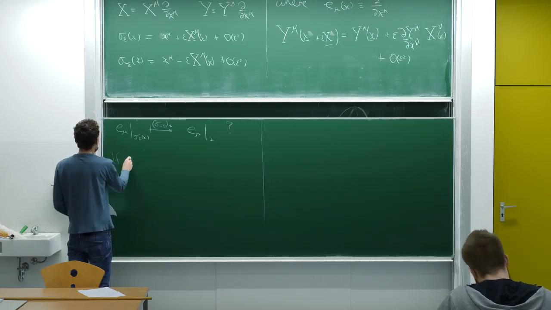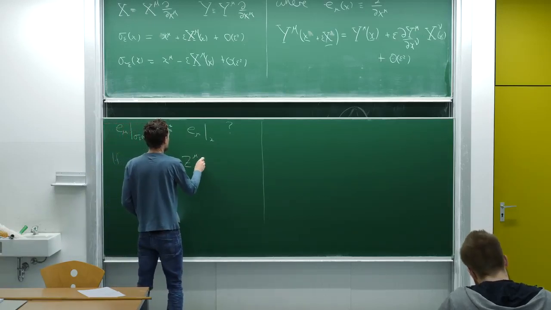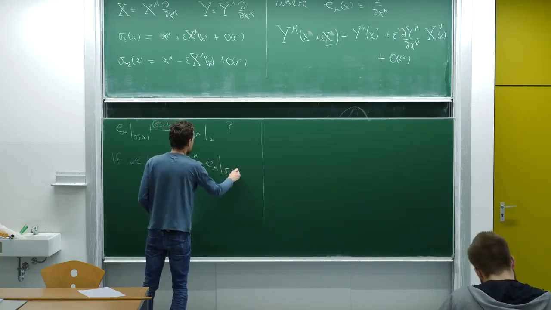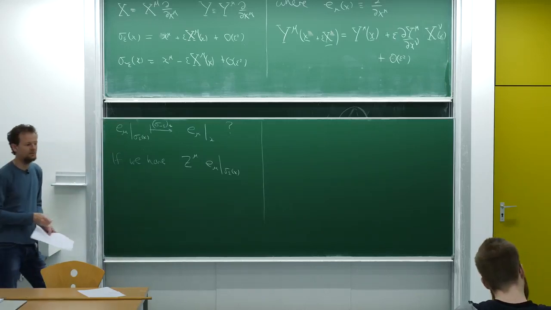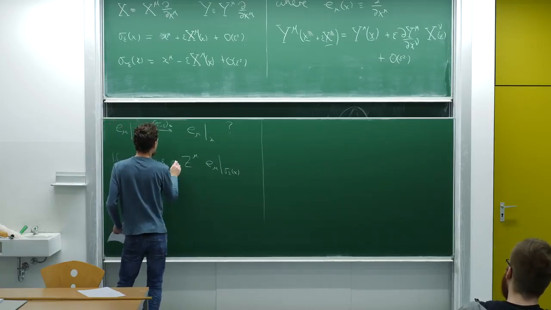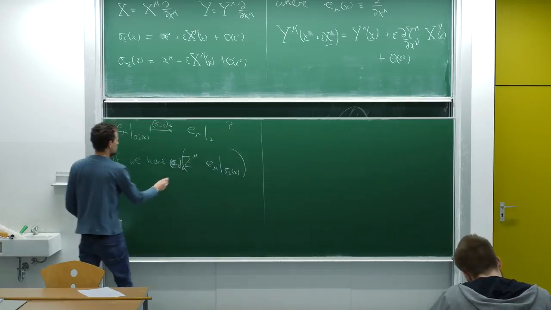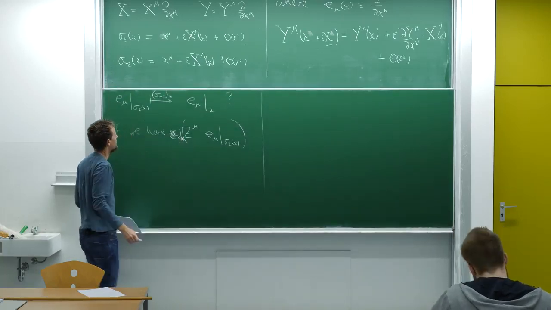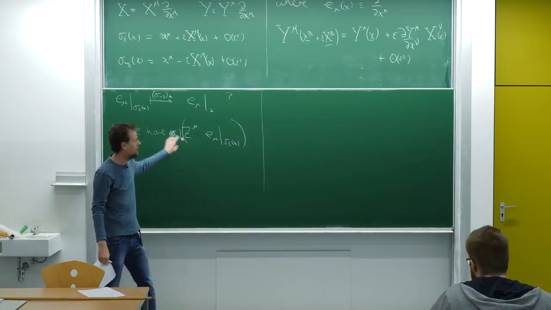So if we have some vector z at sigma epsilon x, when we push it forward, we're going to get a different vector. We have a rule for how to do that. That's a star. Namely, you work out the first derivative matrix of this map here and put it inside there.